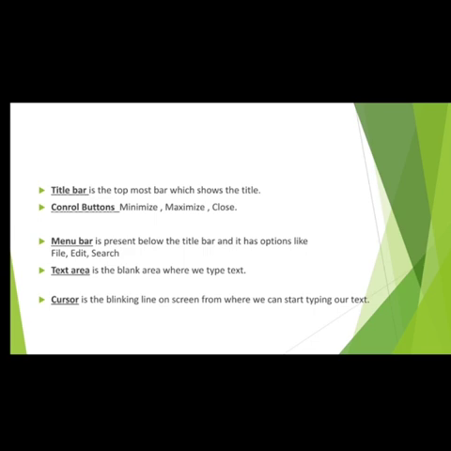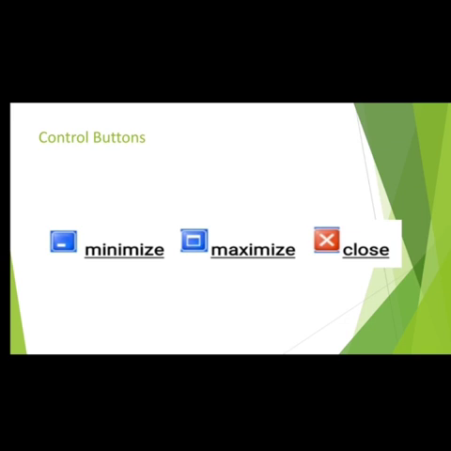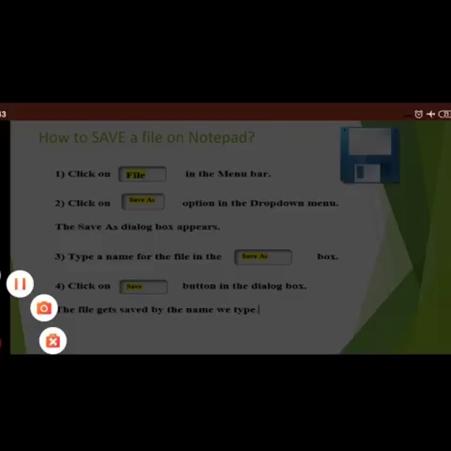It is the blank area where we type our text. And the cursor is the blinking line on the screen which tells us where we can start typing our text. And these three are the control buttons: minimize, whose shape is just like a minus sign, and then we have maximize, which is of square shape, and then at last we have the close button.